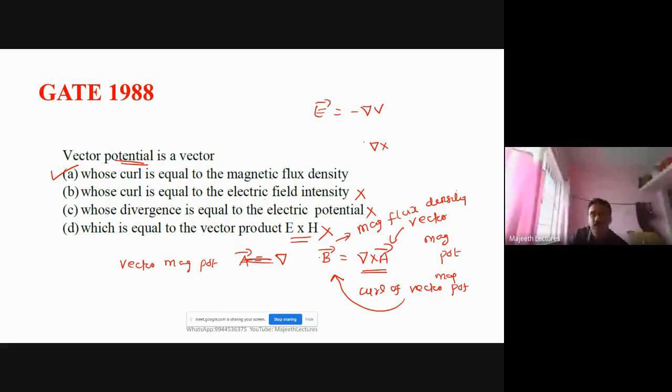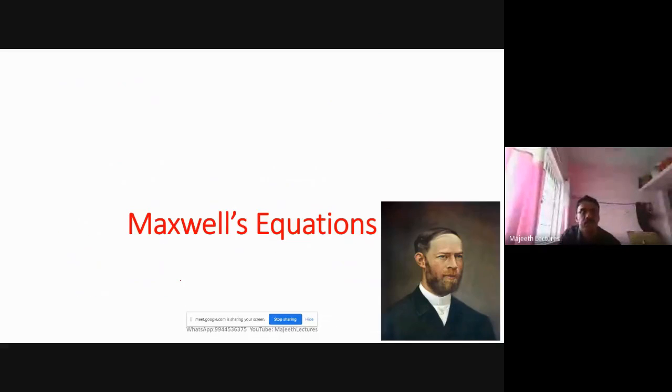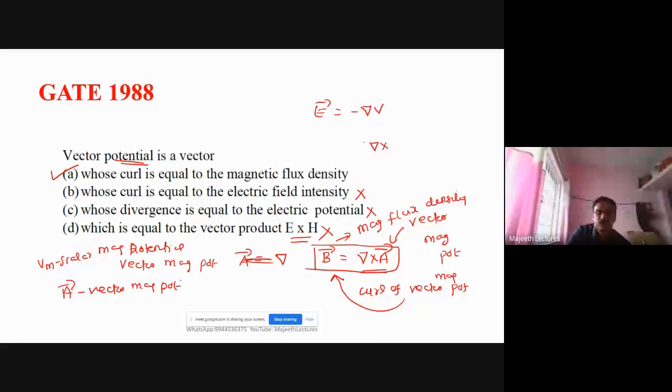Please remember this formula I forgot to mention. Vm is scalar magnetic potential. That's what I have mentioned already. A is vector magnetic potential. Right? Okay. So now we come to Maxwell's equations, right?